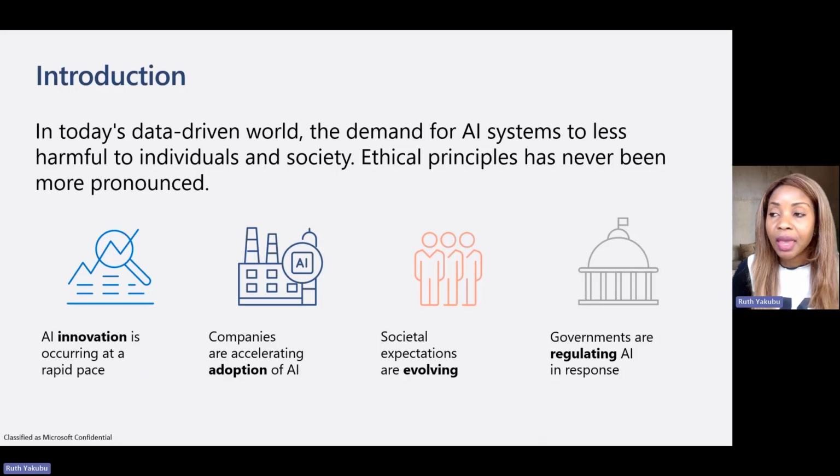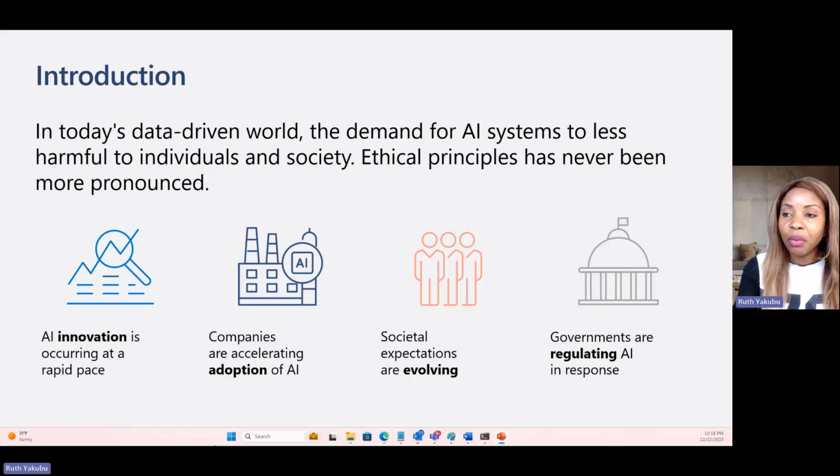The good thing is the governments are responding and starting to put together frameworks and also regulations in order to help regulate and mitigate, or start auditing, some of these AI solutions for accountability and transparency.